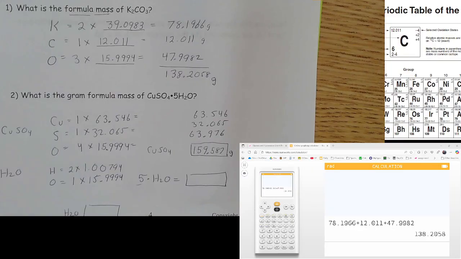2. Let me make sure I'm on the right page here. 2. Oh, it's not working. All right. I have to do the buttons. 2. Whoa. I think I see what's happening. Let me just close this off. I think my buttons.